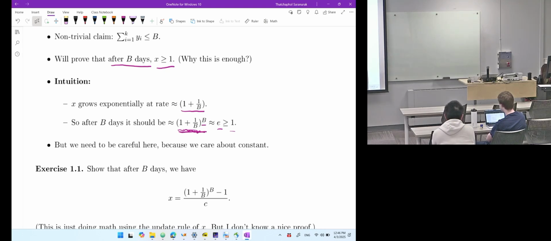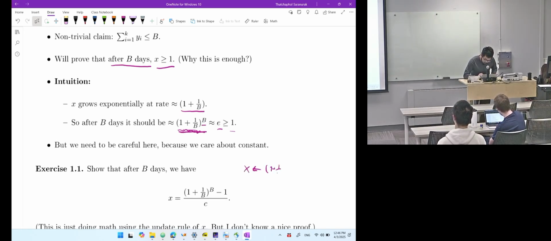And there is a rate c here, which also makes sense, because we set x to be 1 plus 1 over b times x plus 1 over c, right?